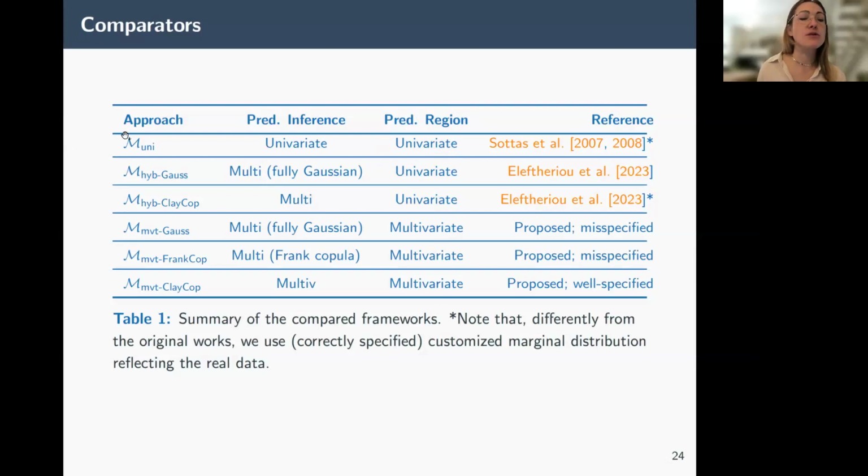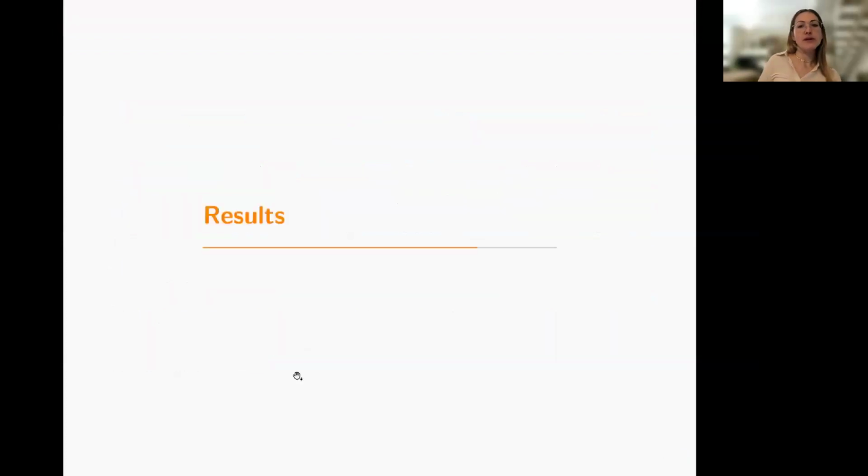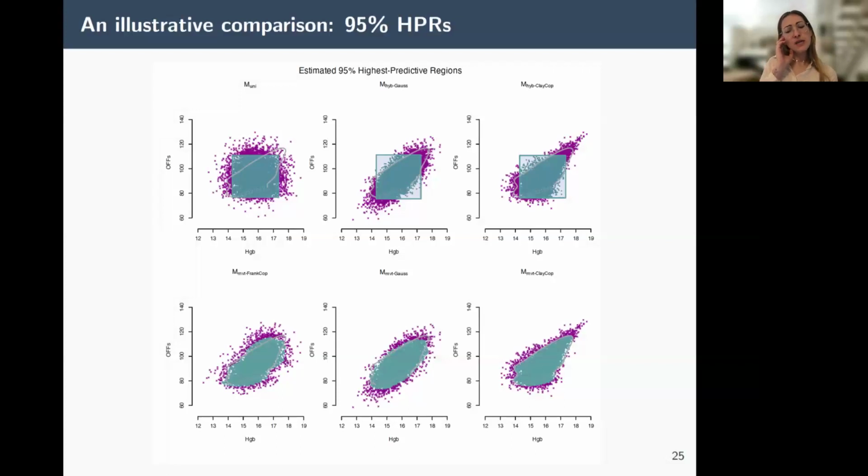And I want you to notice that this is basically the approach proposed in SOTAS, and a kind of hybrid approach has later been proposed, actually very recently, by the team of Eleftheriou.